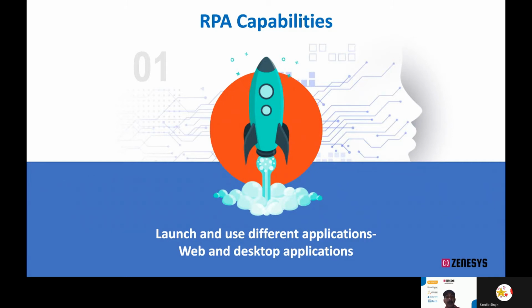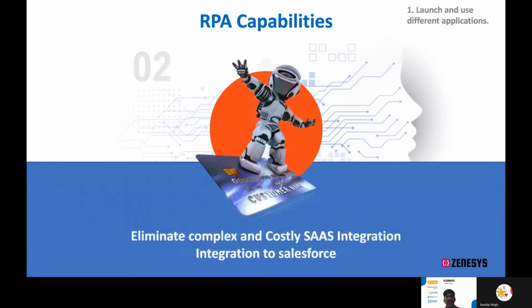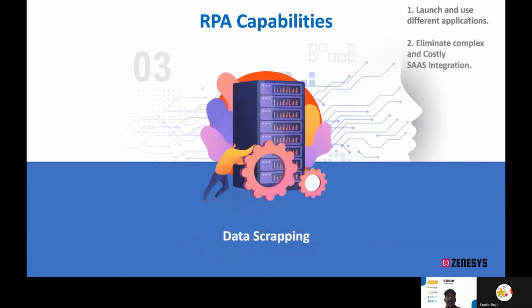So the first and foremost thing is that RPA can launch different applications, which means it can be either a web application or a desktop application. RPA can eliminate complex and costly SaaS integrations. For example, if you talk about integration with Salesforce, RPA software makes this integration pretty easy and straightforward.